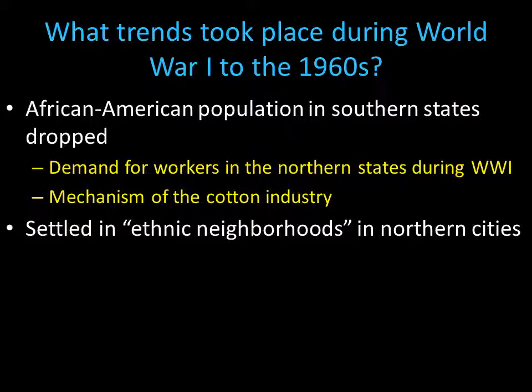African Americans who did travel to northern cities tended to live in what we call ethnic neighborhoods. In other words, they tended to move into neighborhoods where there were already other African Americans. I know for us that live out here in Saunders County and Dodge County, sometimes we have a difficult time imagining this. But think of some of the towns around Fremont and Cedar Bluffs.